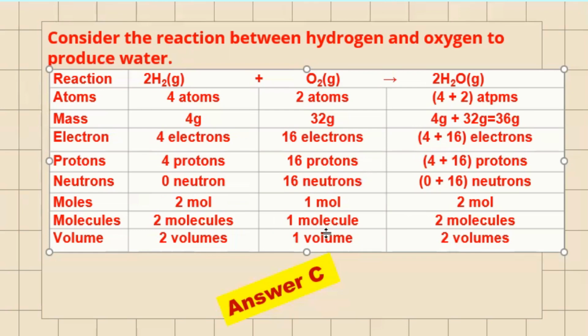The volume on both sides is also not equal. This implies the number of moles, molecules, and volume may not be conserved during chemical reaction, but the number of atoms, mass, electron, proton, and neutron are conserved during chemical reaction.